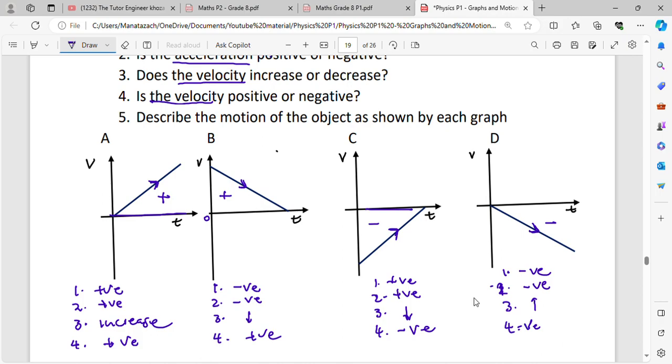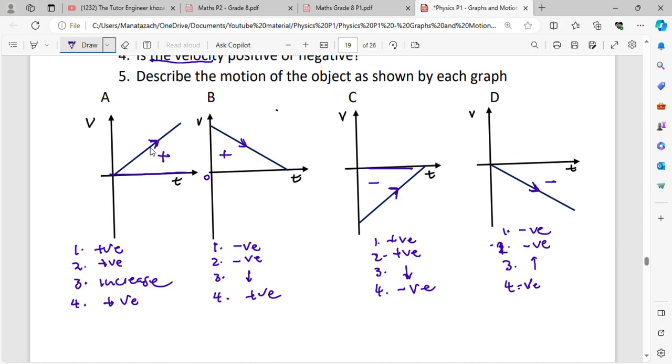Okay, let's go to the final question. Describe the motion of the object as shown by each graph. So here the velocity is increasing. Basically, you've just described by answering the previous question. The velocity here is increasing in the positive direction, right?